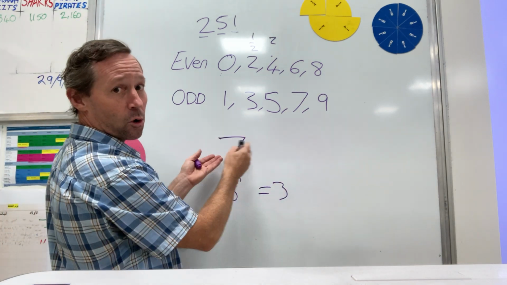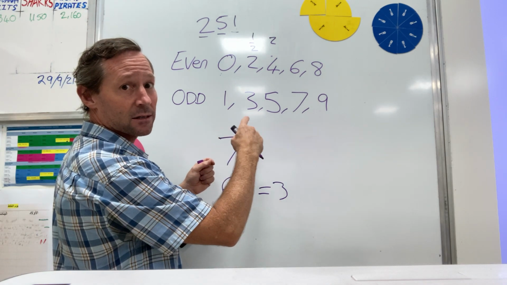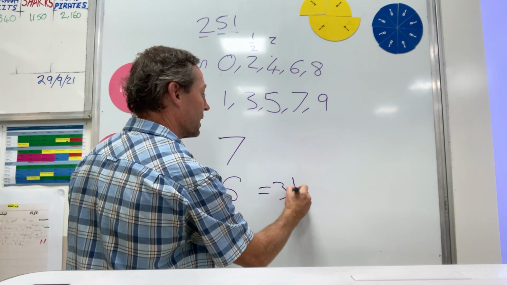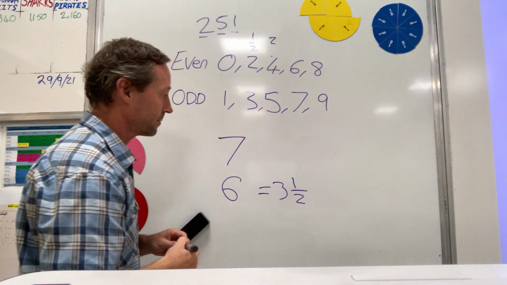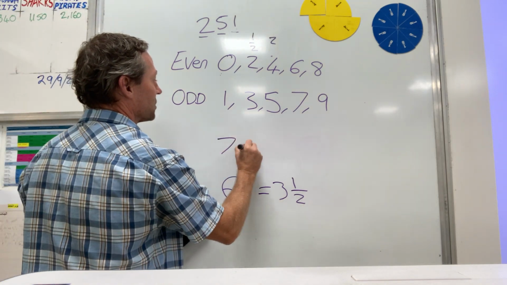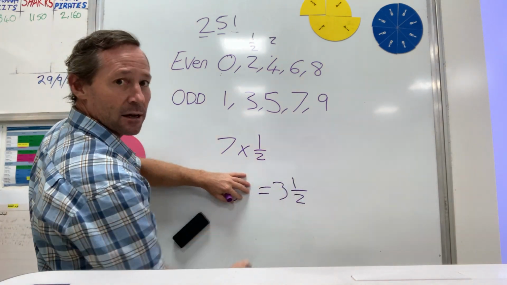I'm going to have 1 whole left over, but I have to divide it by 2, or that 1 times a half, which means my answer will be 3 and a half. Okay, so if I said 7 times a half, my answer will end up 3 wholes and a half.